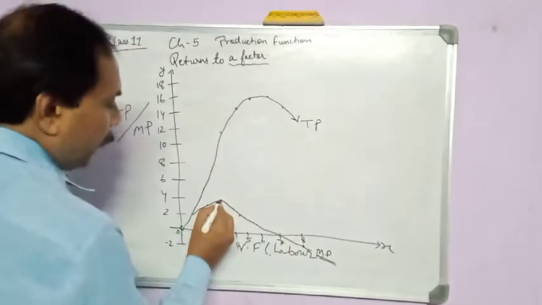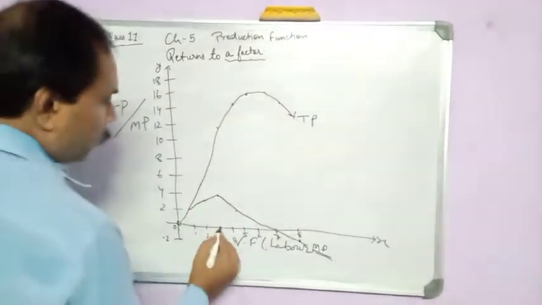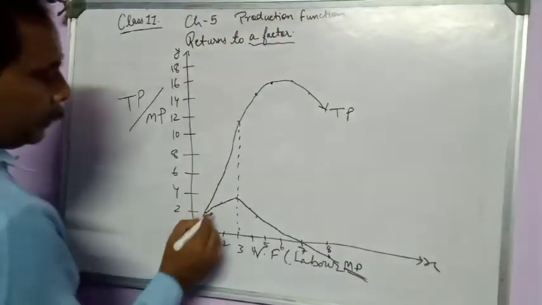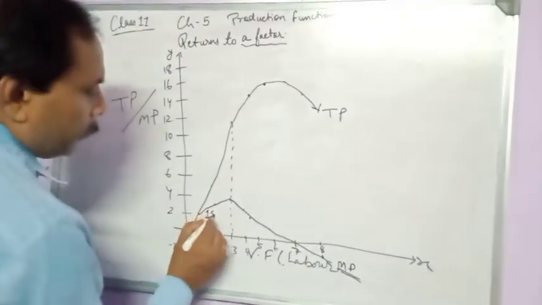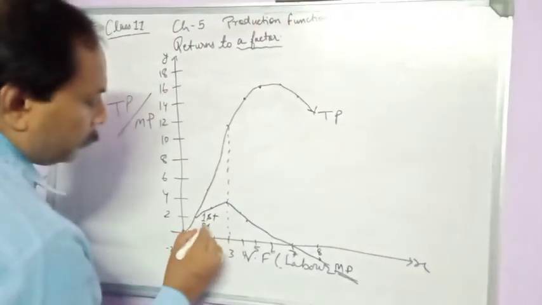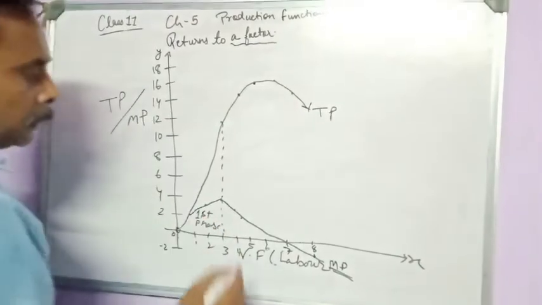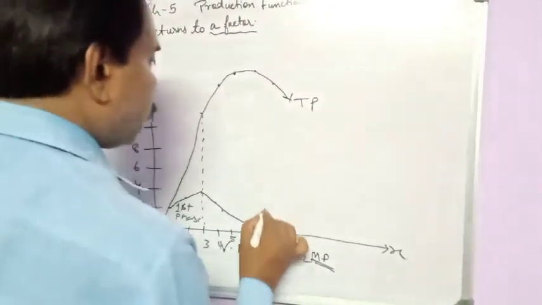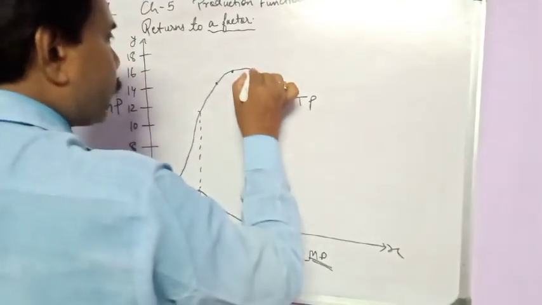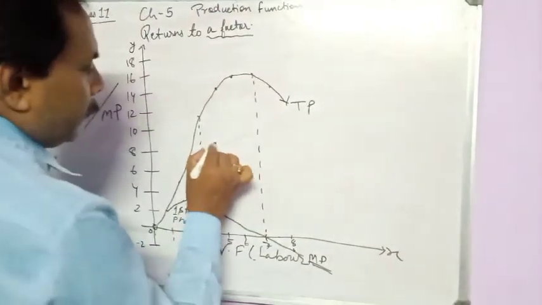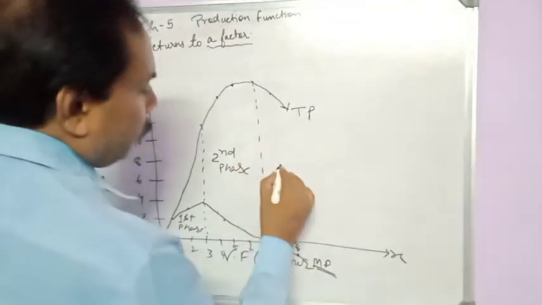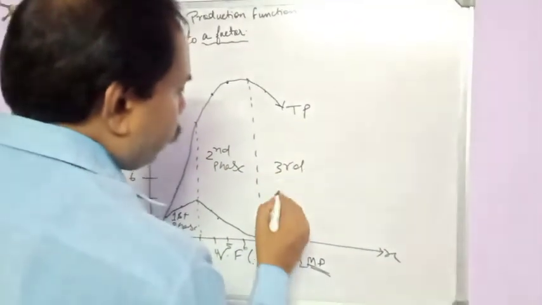So this is the elevated point. So if we draw a line, is it clear? It will indicate the first phase. When the marginal production becomes 0, then the total production is at its maximum, and it will indicate the second phase, and this will become the third phase.